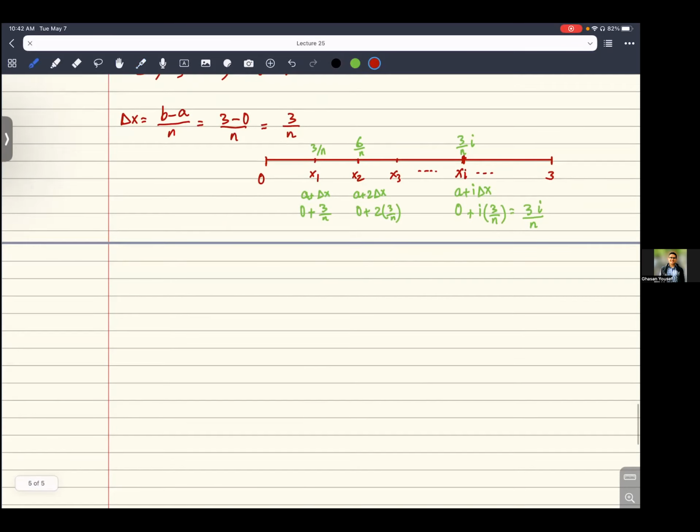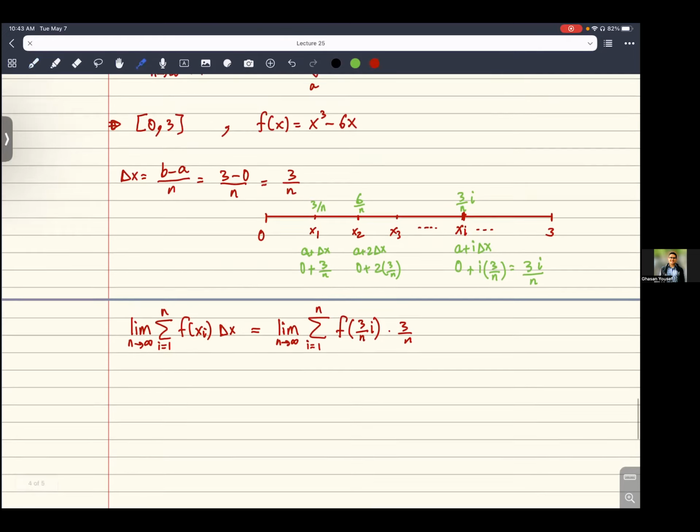So the limit of the sum of f of xi delta x, i starting from 1 to n, as n goes to infinity, is the same as the limit of the sum of f of xi times 3 over n, since delta x is 3 over n.